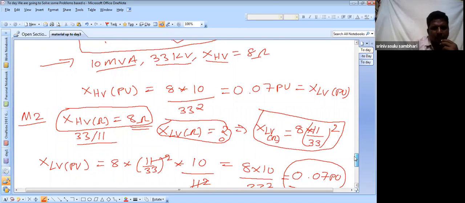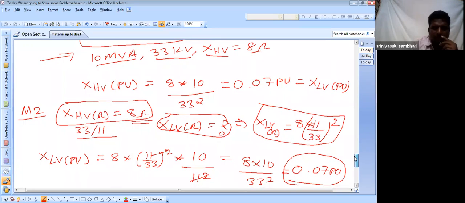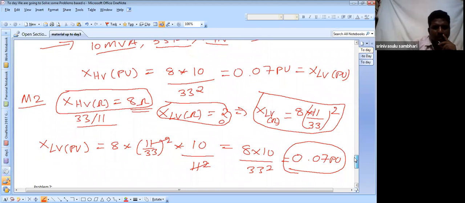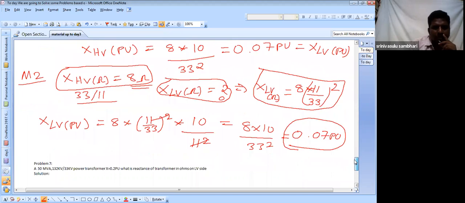So many students are confused here: N1 by N2 whole square, N2 by N1 whole square. Forget about all formulas. Remember the shortcut. In the transformation ratio, which voltage side we are going to, that voltage divided by which voltage we are coming from, that voltage, whole square. Based on that we find XLV ohms. After finding the XLV ohms, again XLV per unit equal to ohms into base MVA by base kV square.